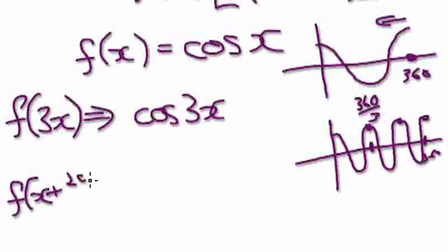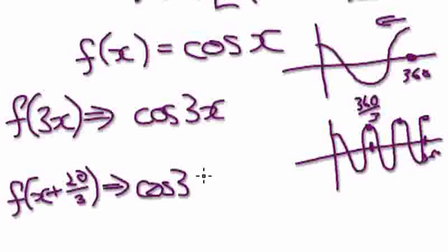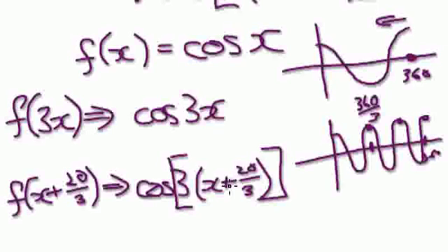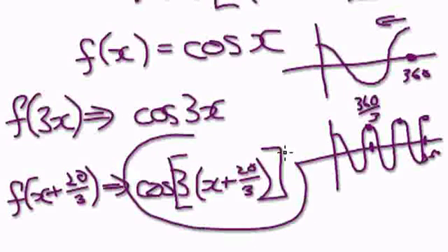So that would give us cos 3 bracket x plus 20 over 3. Remember, we are putting this whole thing here into this x here. So perhaps we could put square brackets around here. Okay, and then yeah, so now it's just a matter of sketching this here.